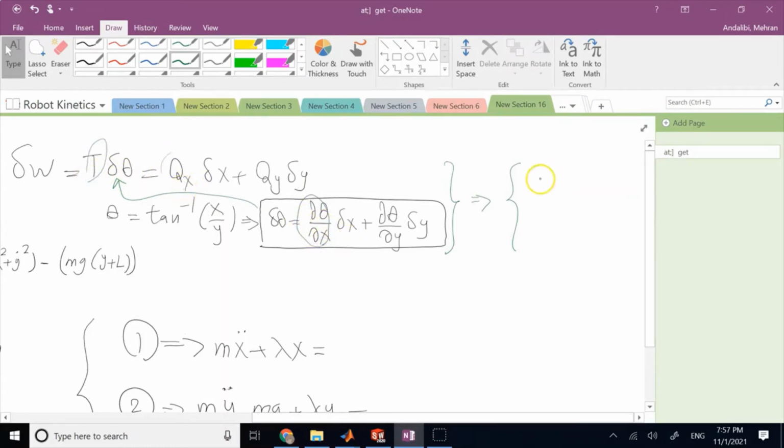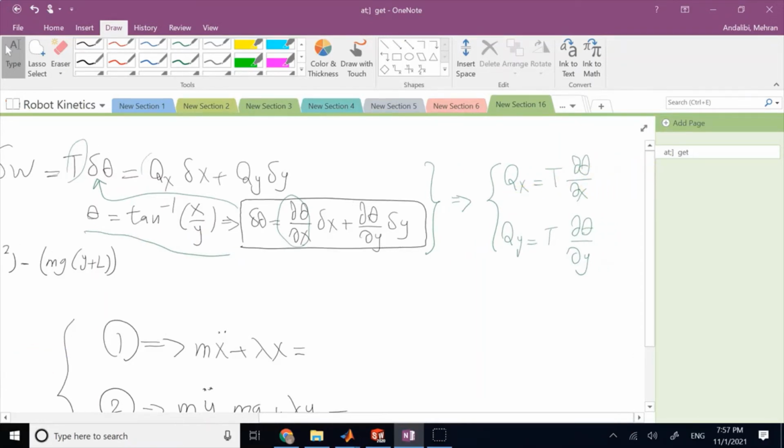Here it is going to be qx. So qx is going to be t partial of theta with respect to x, and qy is going to be t partial of theta with respect to y. And all you need is to use this function and take partial derivatives.